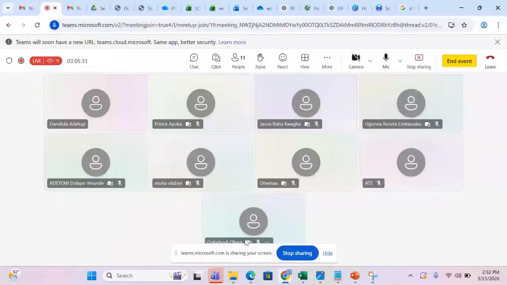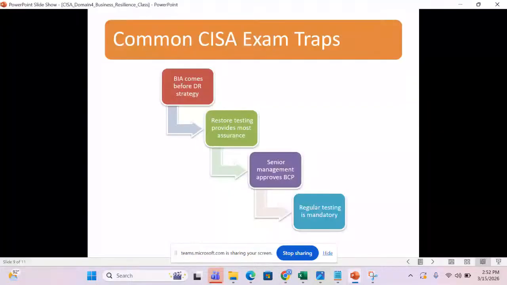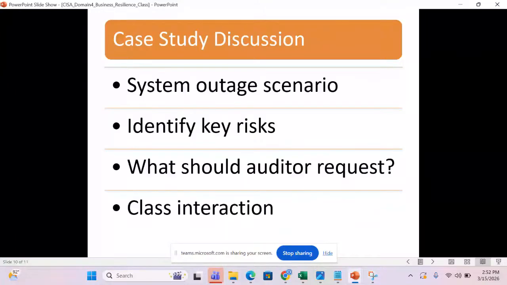All right, so the system outage scenario we discussed, where the system goes down. We said that where the system goes down, or where you are unable to access anything in your application, you show them a system fault before you call IT.